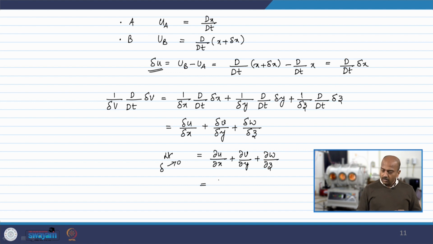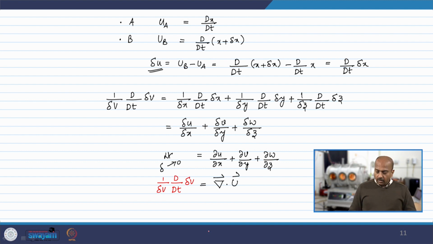All of it is simply the divergence of velocity, the 3-dimensional velocity, right? What is it that we have? This is 1 by delta v of d by dt of delta v is equal to the velocity divergence.